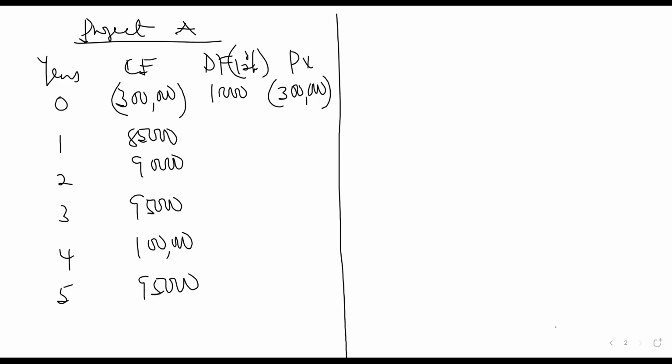You can see the formula and those things. If you are looking for the discount factor, this is the table for it. If you open the book and go to the tables, the first one is for the discount factor. The second one will be the future value, like the compound factor.